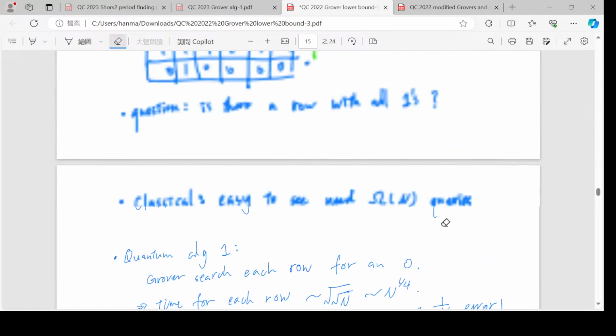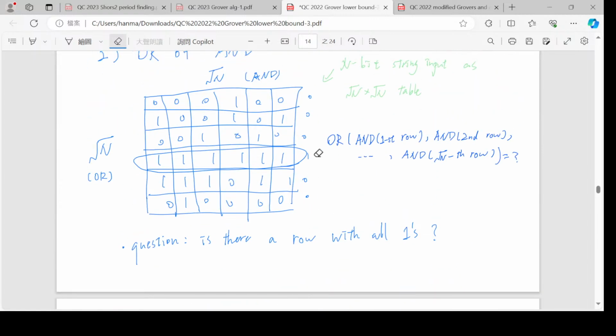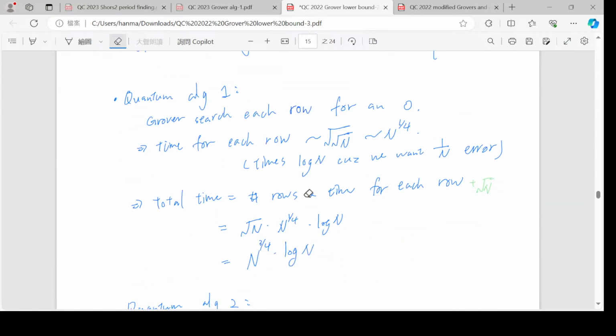And then if you just do classical post processing, each one takes n to the 1/4, so you calculate this, then you just do classical post processing. The total number of times you need is: there are square root n rows, and each row takes n to the 1/4.